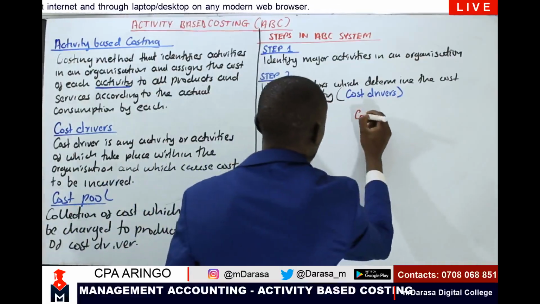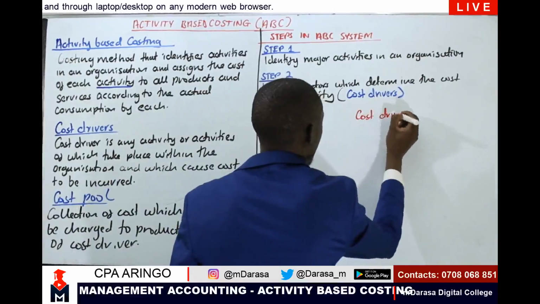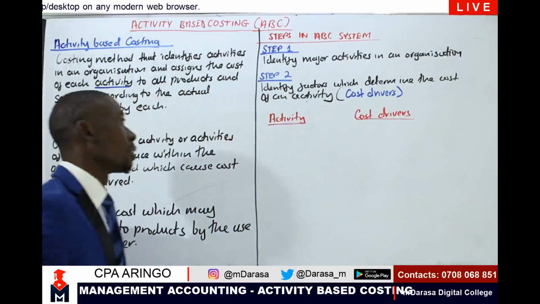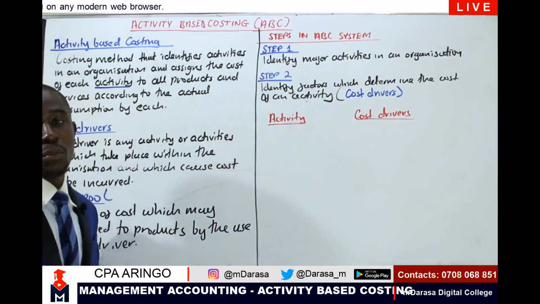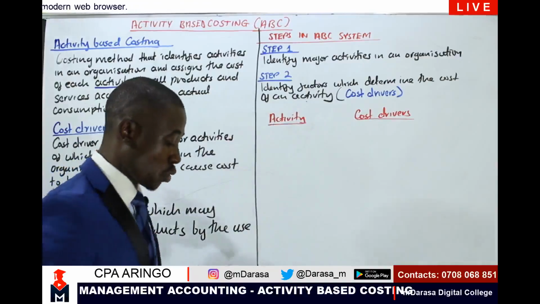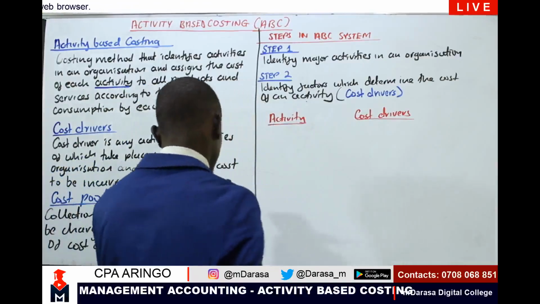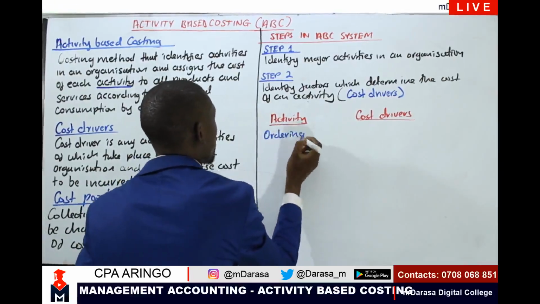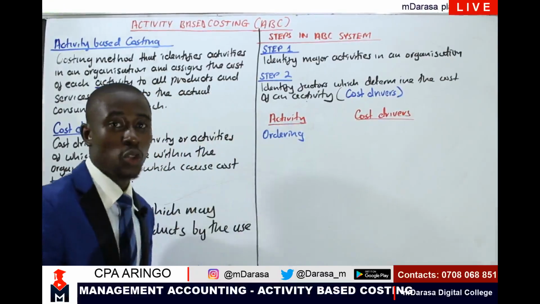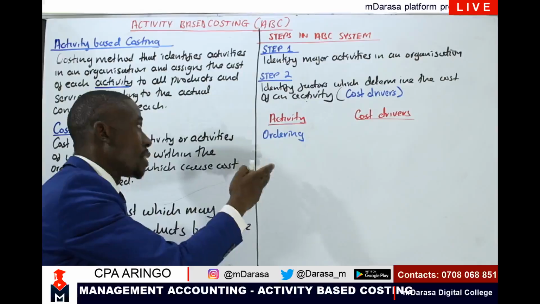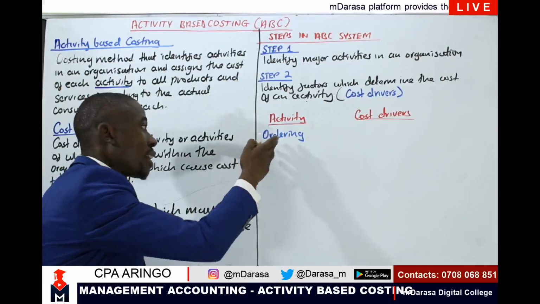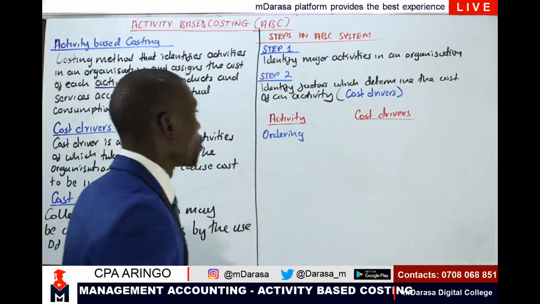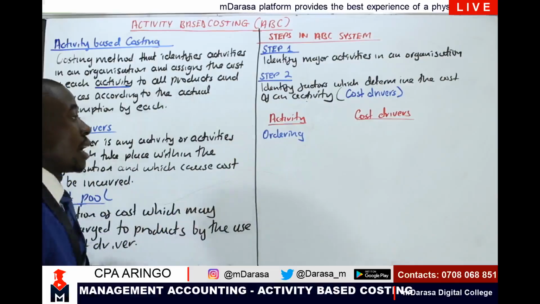Take for example an activity known as ordering. The question will be, what will cause us to have this ordering cost?